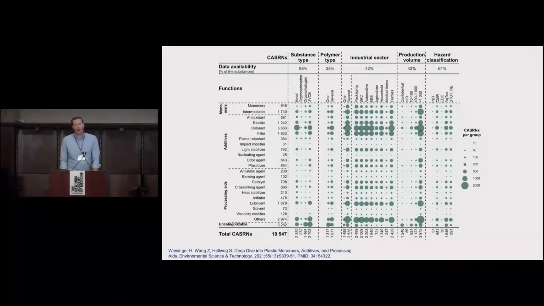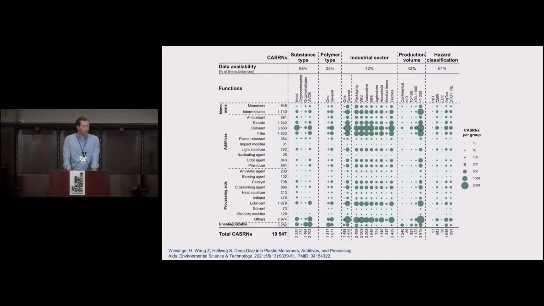An example of why this is so important is some of our work that we're currently focusing on, which is using new analytical techniques to measure microplastics and plastic-related chemicals in biological tissues. And this is a figure from a recent paper from Helen Weisinger, where she attempted to account for every single chemical that is used in plastic and polymer manufacturing processes.